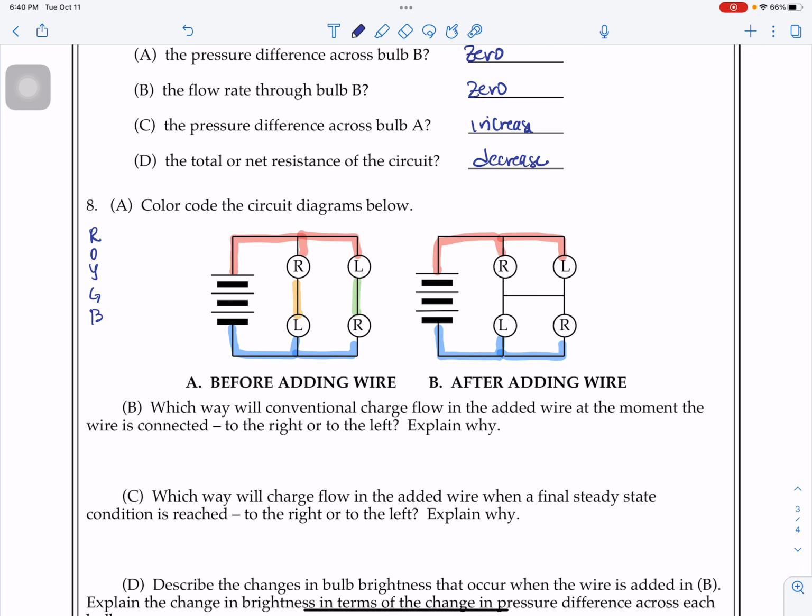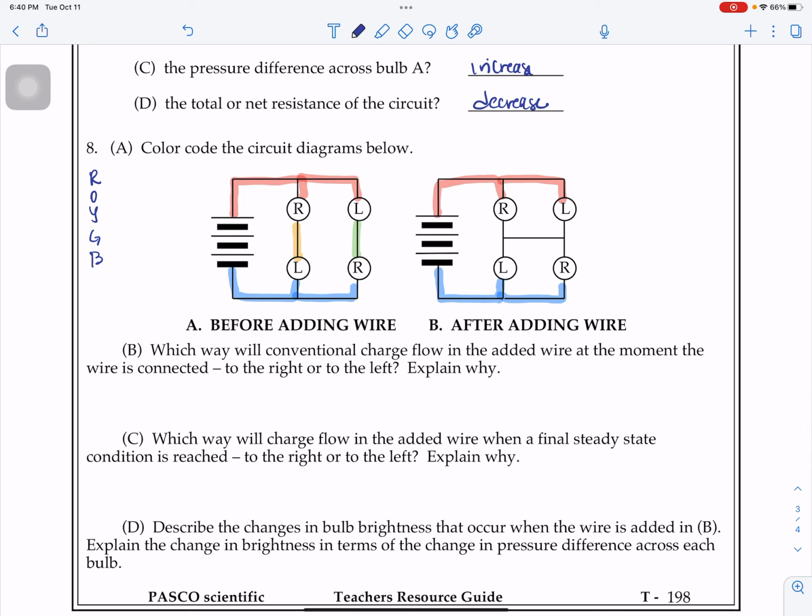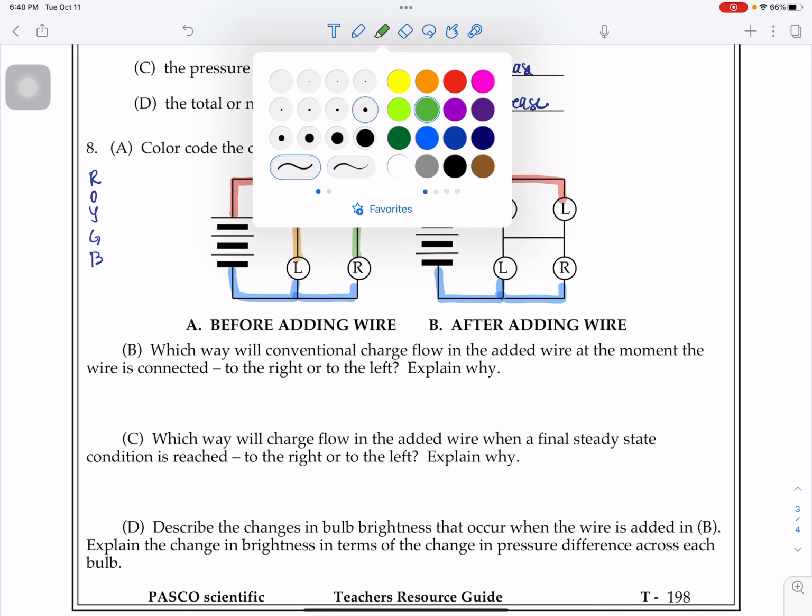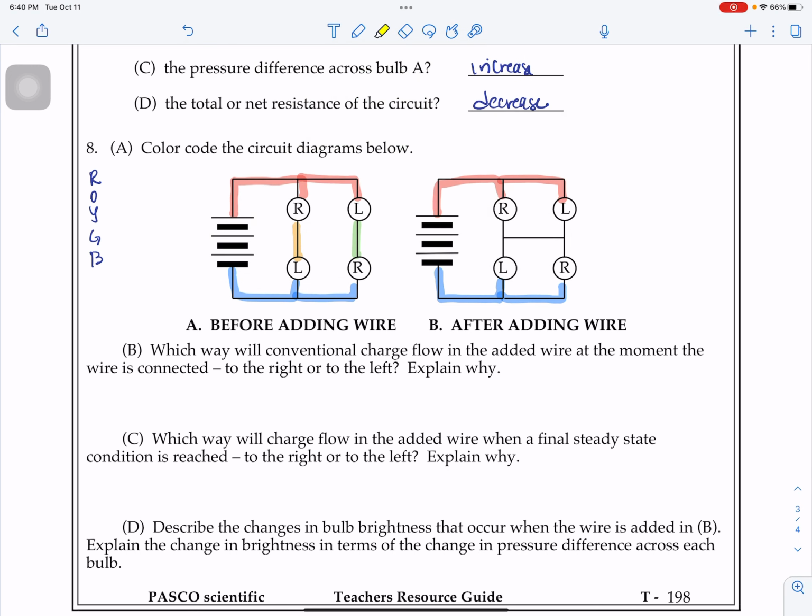And then, all right, in figure B, we've still got red. And I think that all the middle wires are going to be yellow, because when I short across, everything should be the same brightness.